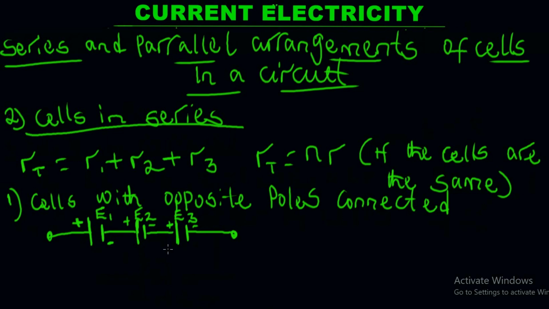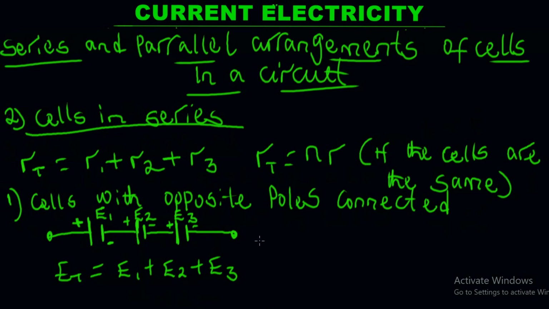When you have something like this, it's very simple to find the net EMF. The net EMF, which is given as ET, will be gotten by just adding each of these EMF together: E1 plus E2 plus E3. Can you see this? And you will get your net EMF. So if these values were different, let's say E1 was 2, E2 was 3, E3 was 4, you just add them up.